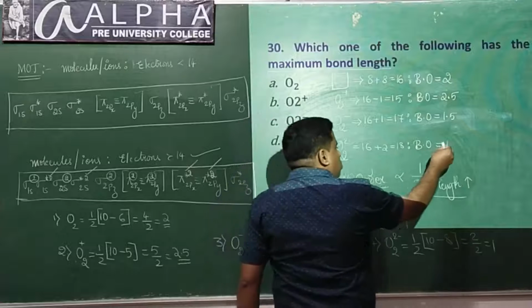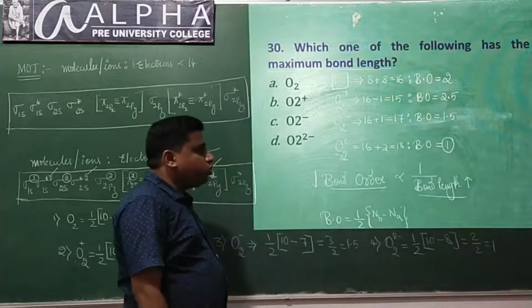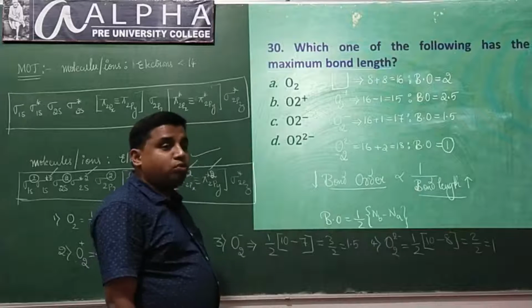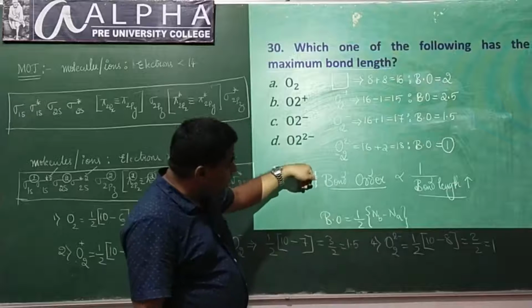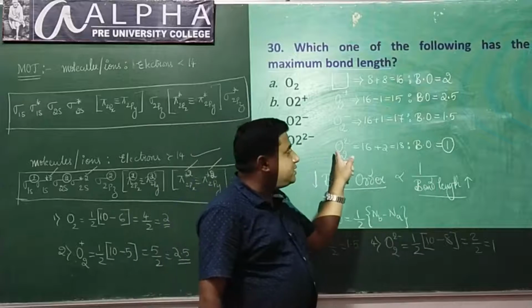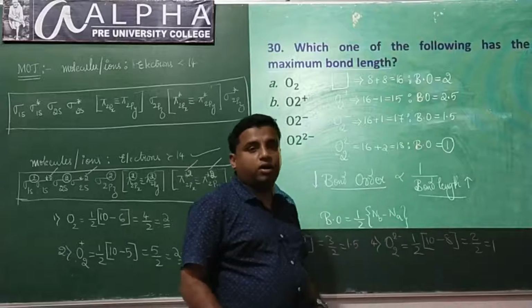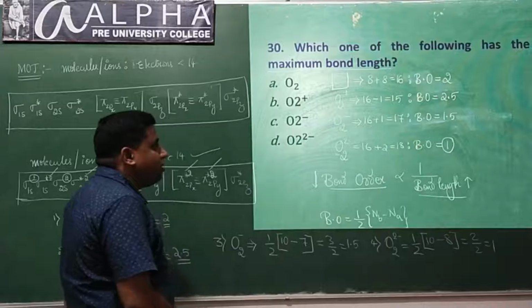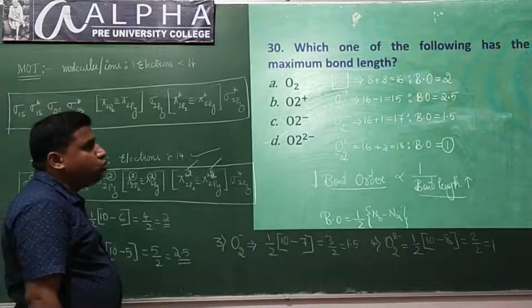O2 2 minus has minimum bond order, hence it has maximum bond length. So which of them has maximum bond length? Of course it is option D, O2 2 minus.